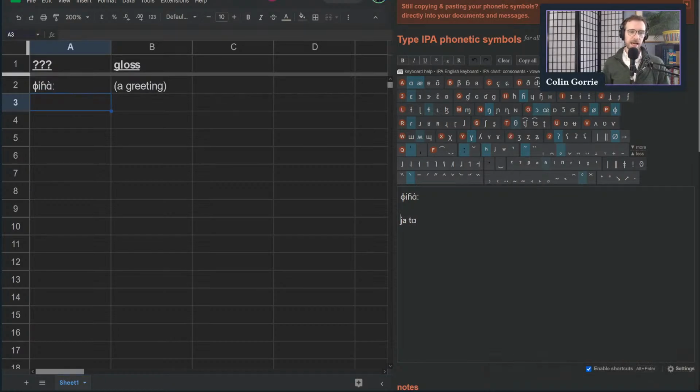I heard, and Ship is picking up on this too, I heard some kind of stop-like closure in the onset of this first syllable. So whether that's going to be something like gata, gata, something like that. Maybe we have this long mark and a low tone as well on the final vowel.